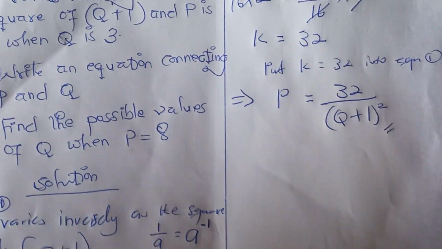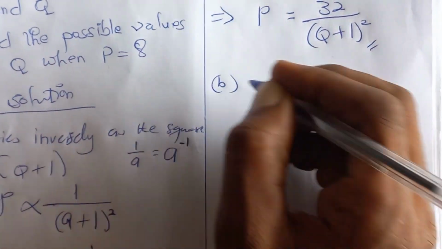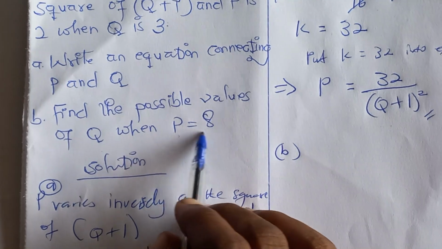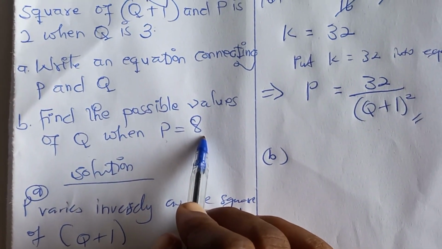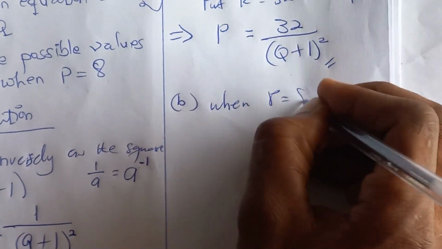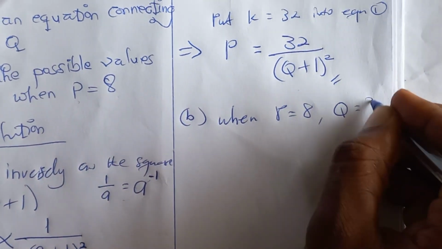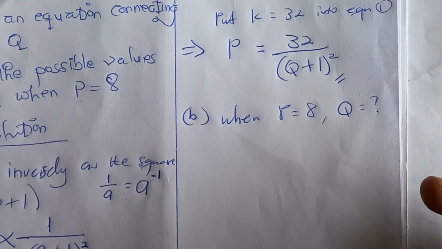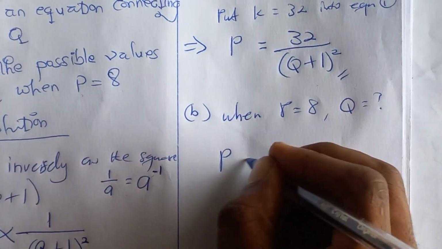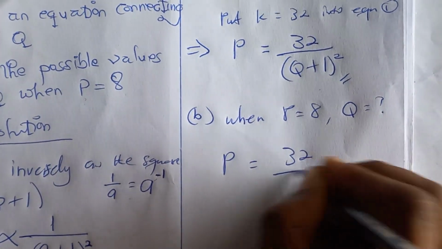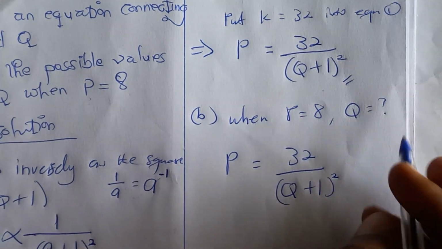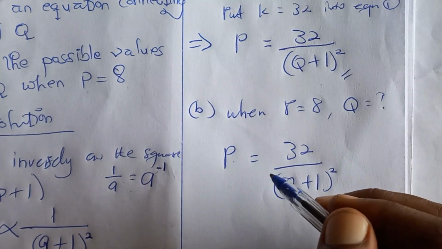Okay. Now we need to solve for B. It says find the possible values of Q when P is equal to 8. So when P is equal to 8, Q is equal to what? Now that we are going to look for Q, we use this equation. P is equal to 32 on Q plus 1 all squared. Now we know this to be 8.